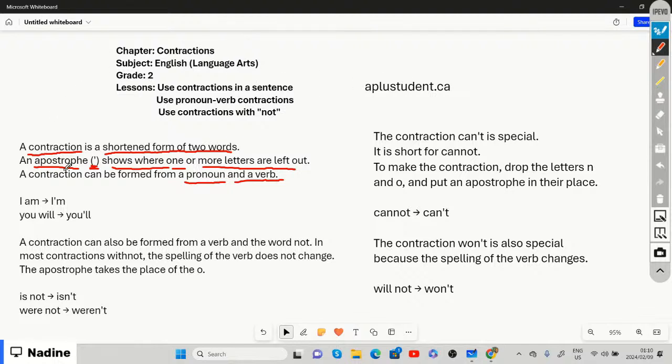If we make an example, let's look at the words I am. It's like saying I am walking to the shop. So let me write that sentence: I am walking to the shop.